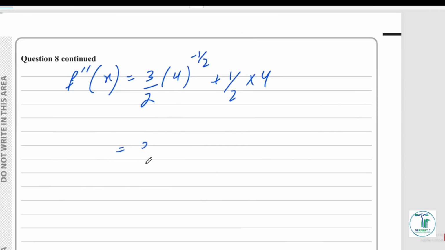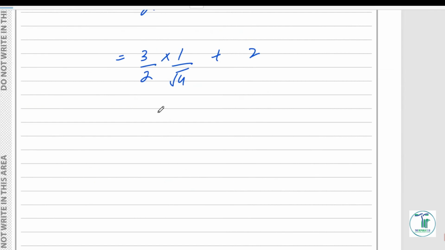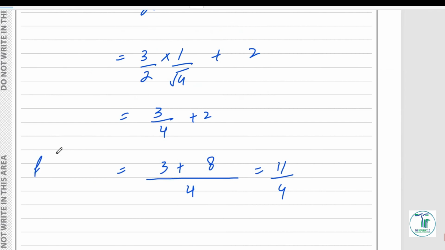So I must be having 3 by 2 times, 4 to the power of minus 1 by 2 can also be written as under root 4, then plus 2. Under root 4 would be 2. 2 times 2 has to be 4 as well. So 3 by 4 plus 2. Then by just taking their LCM, I must be having 4, 3 plus 8. That must be 11 by 4. So that is the second derivative at the point 4 and 12, right?